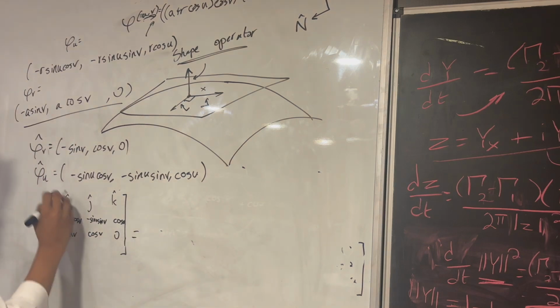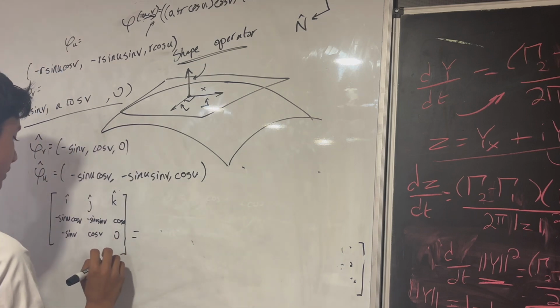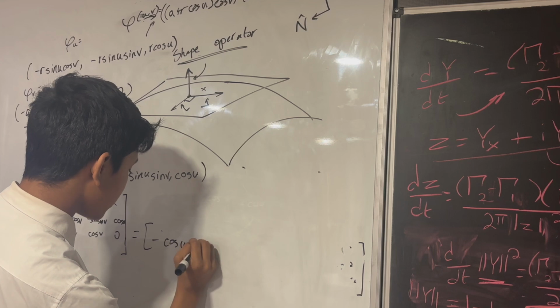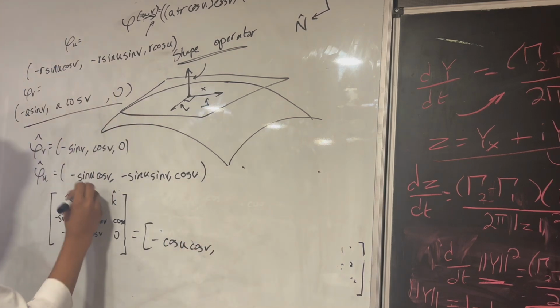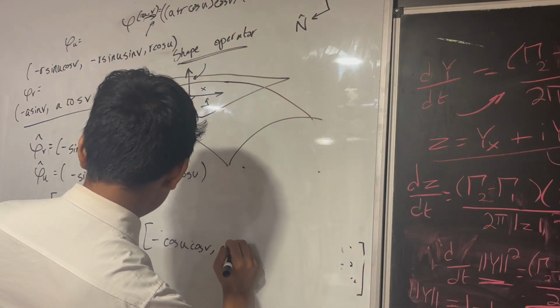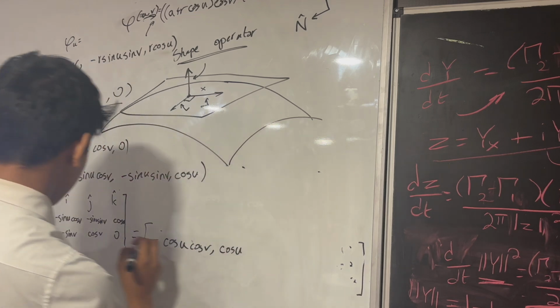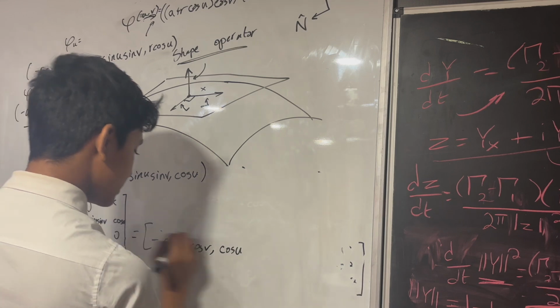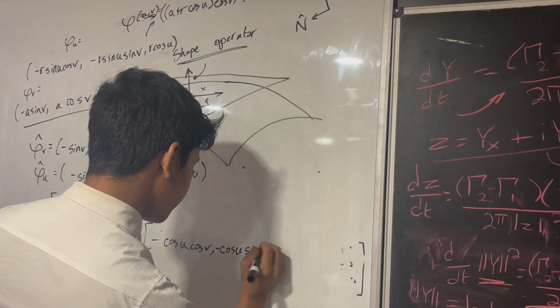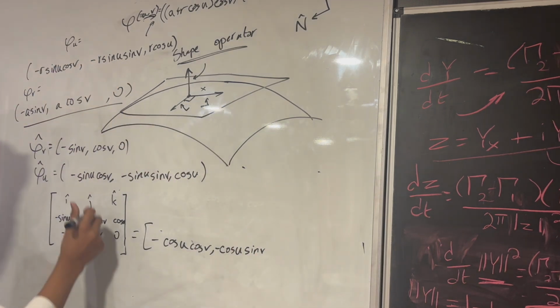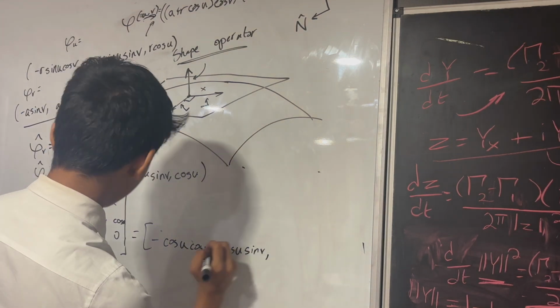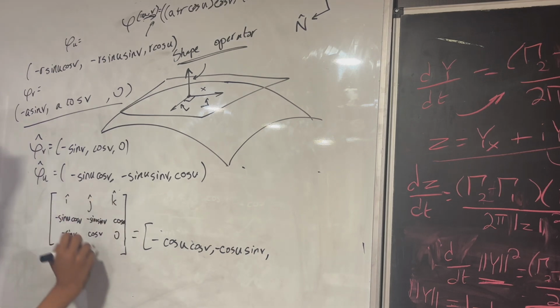You're going to get 0 in this direction, minus cosine u cosine v in the other direction, cosine u sine v. Wait a second. This is minus cosine u sine v. And if you go the other direction, it gives you 0.